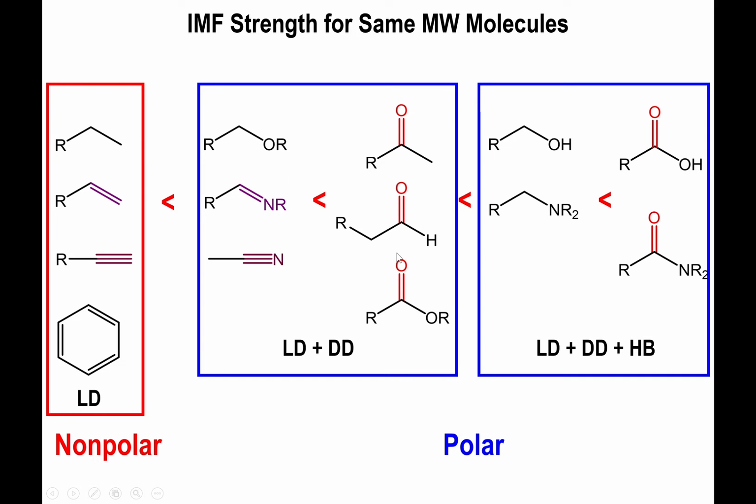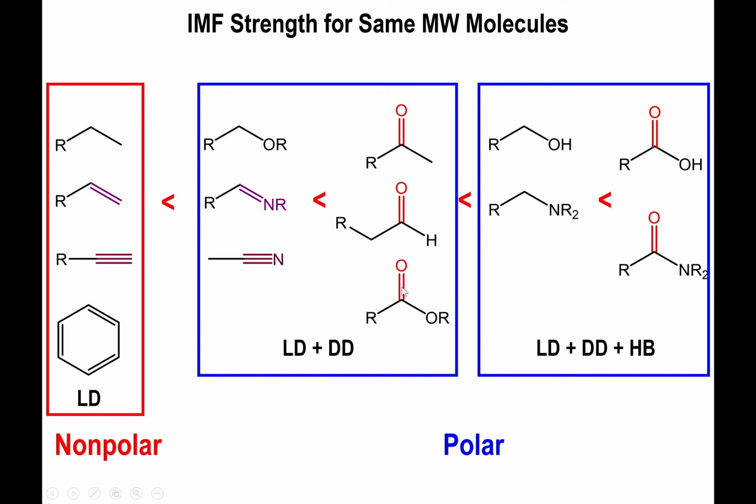And then the ones that contain dipole-dipole forces, like your ketones, aldehydes, your esters, and of course your ethers, imines, and nitriles, will be intermediate. The ones that do contain hydrogen bonding, you would expect to have the highest intermolecular forces, which, by the way, even within the diagrams, I'm dividing as such.